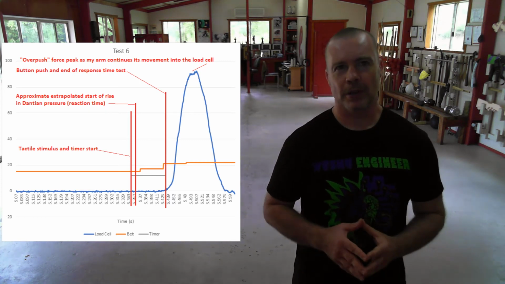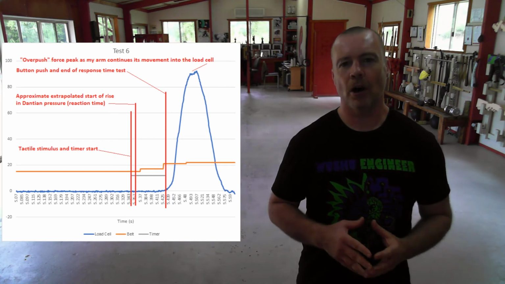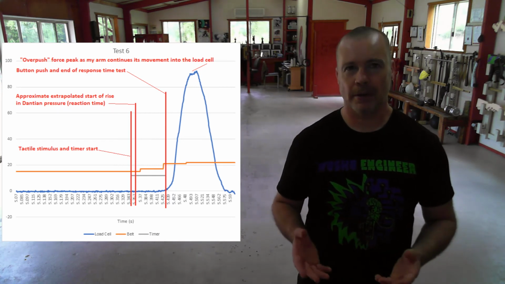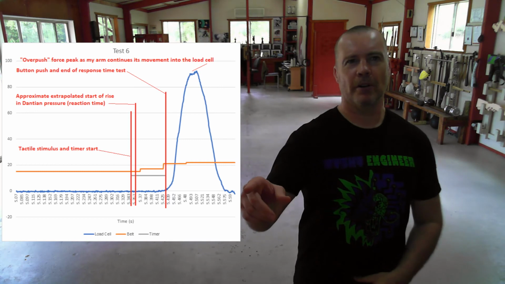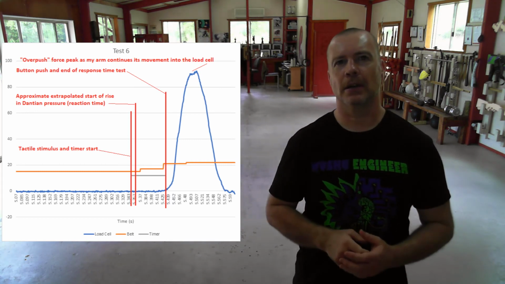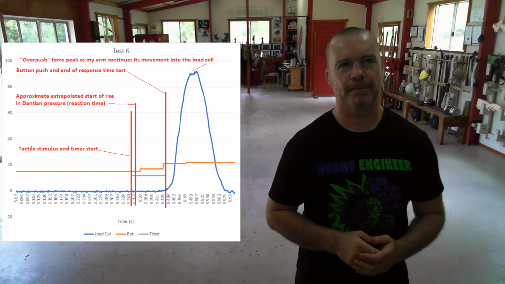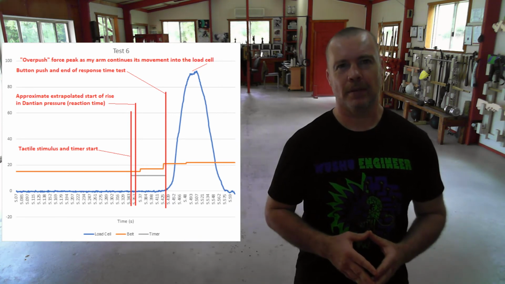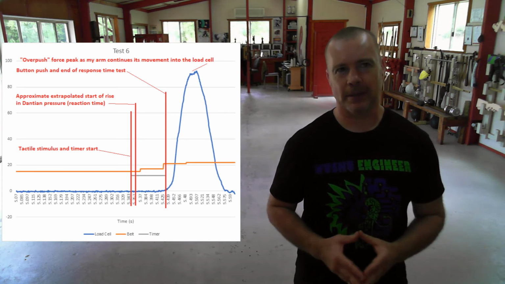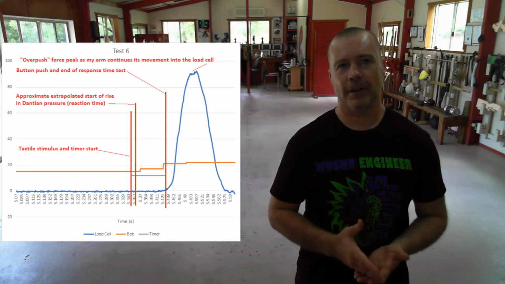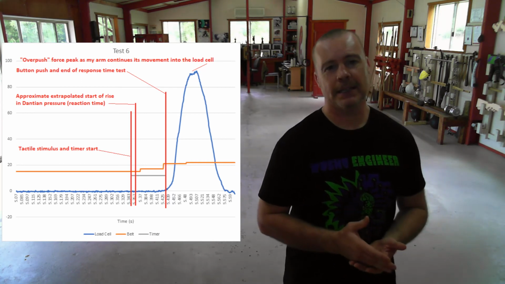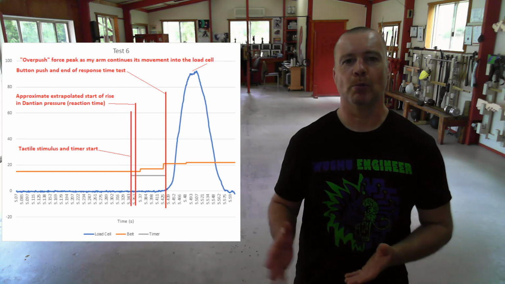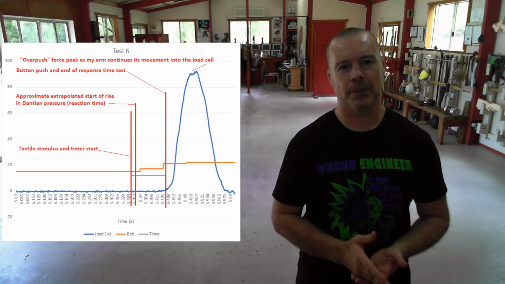The rest of the force curve and the peak are just over push and are representative of the momentum of my body being transferred into the load cell as a force peak. We are working at the very limit of the resolution of the measuring equipment in the case of the belt sensor, but it is very, very clear that the rise in Dantian pressure begins well in advance of the button push.